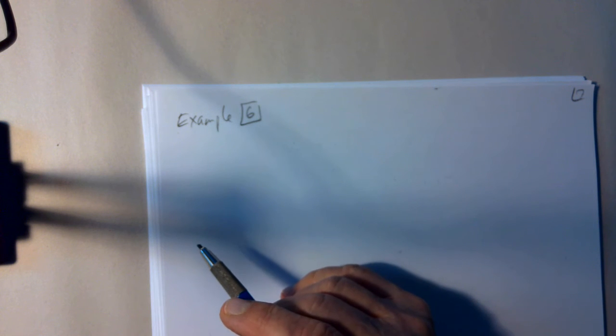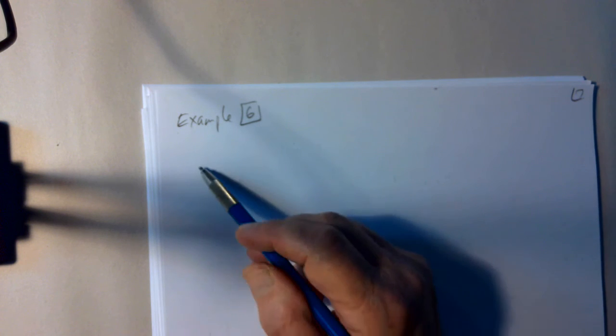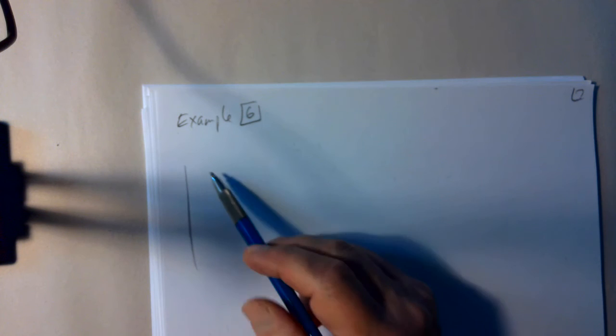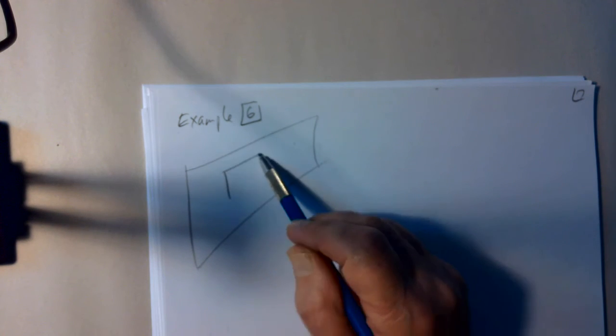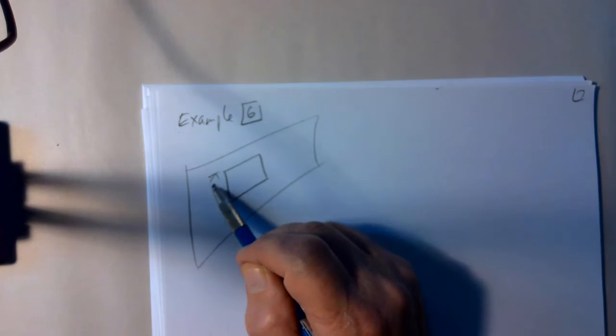The photographer is taking a picture of a 4-foot painting hung in an art gallery. So here's the wall of the art gallery, and here you have a painting which is 4 feet high.